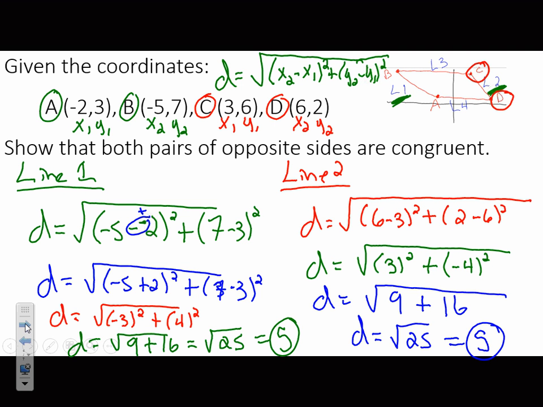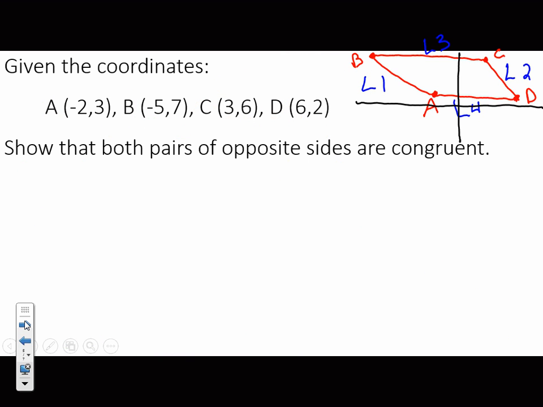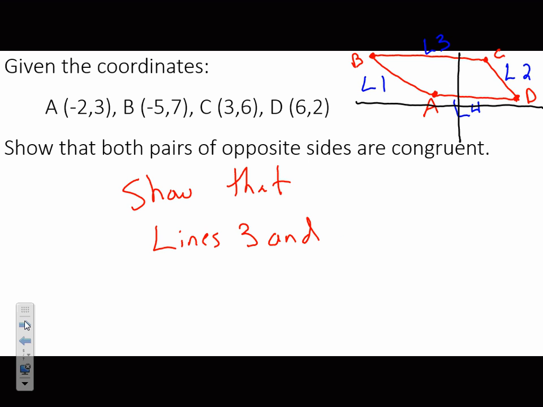Now, ladies and gentlemen, we could go on and do the same thing for lines 3 and 4. We would have to show that both sides were congruent, but I think this is enough example to put in our notes. So if you would also just add on the bottom that we would also have to show that lines 3 and 4 are congruent.